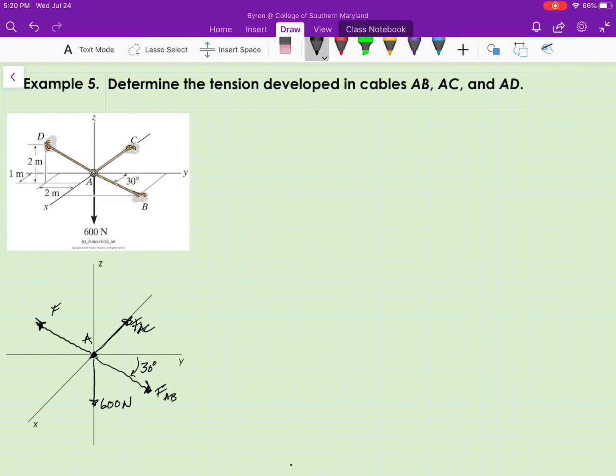And if I look at the dimensions given on the diagram that came with the problem, I can deduce that force acts through the point, and I'll put it here, acts through the point where x equals 1, y equals 2, and z equals 2.